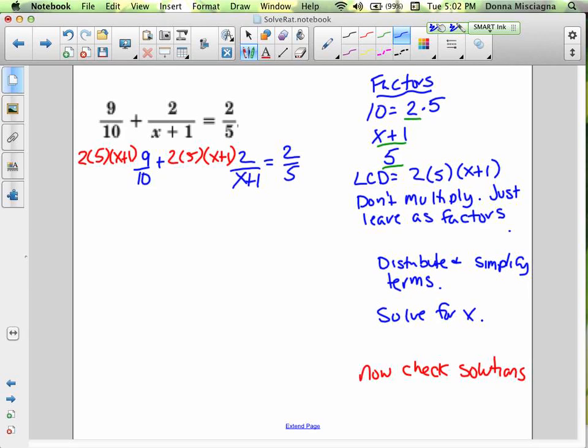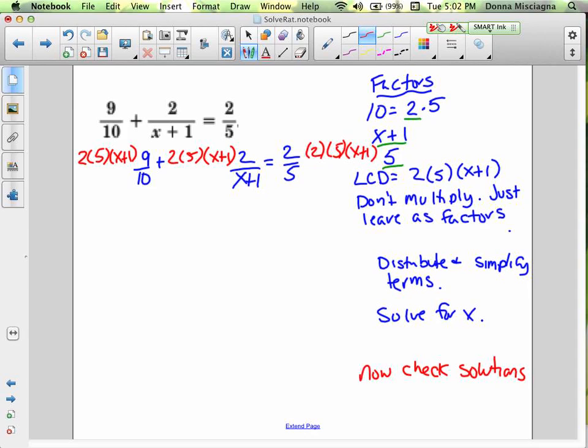And we have to multiply the 2/5 by 2 times 5 times x plus 1, right? And that would go to each term, and we cancel. So here we have 2 terms on one side. So it's much easier to, instead of trying to distribute and remember which thing cancels out and which thing still has the term, it's just much easier to multiply it by each term because we would have had to distribute anyway. This just makes it easier.